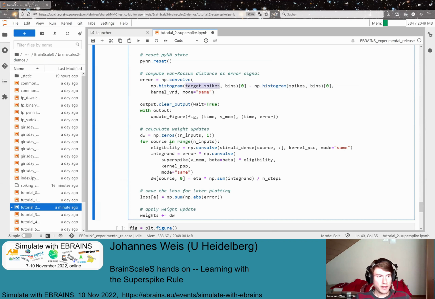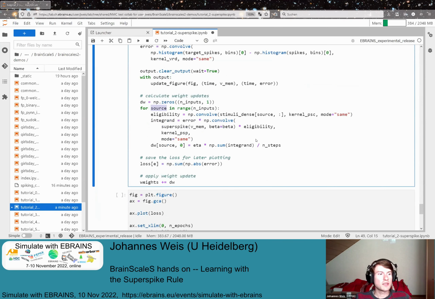And the weight updates are now calculated for all the source neurons or all the synapses that we have in this column individually by first computing an eligibility trace for all the synapses individually and then computing this integral and taking the sum of it. So it's very close to the formulas that you have seen above.